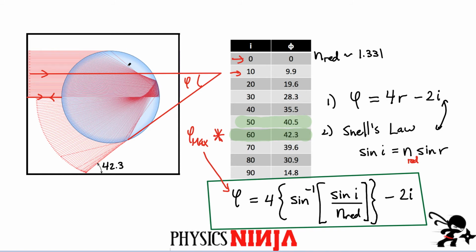But if you have a mathematical expression, we can actually show that there is a maximum value to this function. And I actually made a graph of it so you can see all the angles now. But you're never going to have an outgoing angle phi that is 50 degrees, at least not for red. It's not possible given the math here. So that's really, really important.